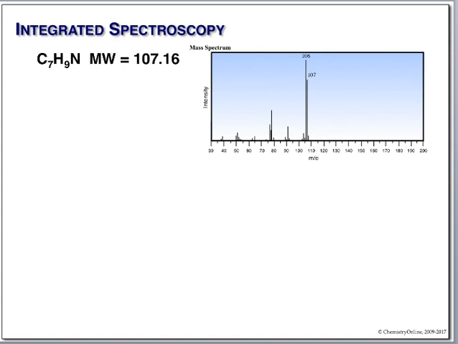Remember when we do degrees of unsaturation, we have to subtract an NH from our analysis. So if we look at this formula, it's the same as C7H8, which gives us 4 degrees of unsaturation. Now remember, whenever we see 4 degrees of unsaturation, it kind of screams at us that we're dealing with an aromatic compound.